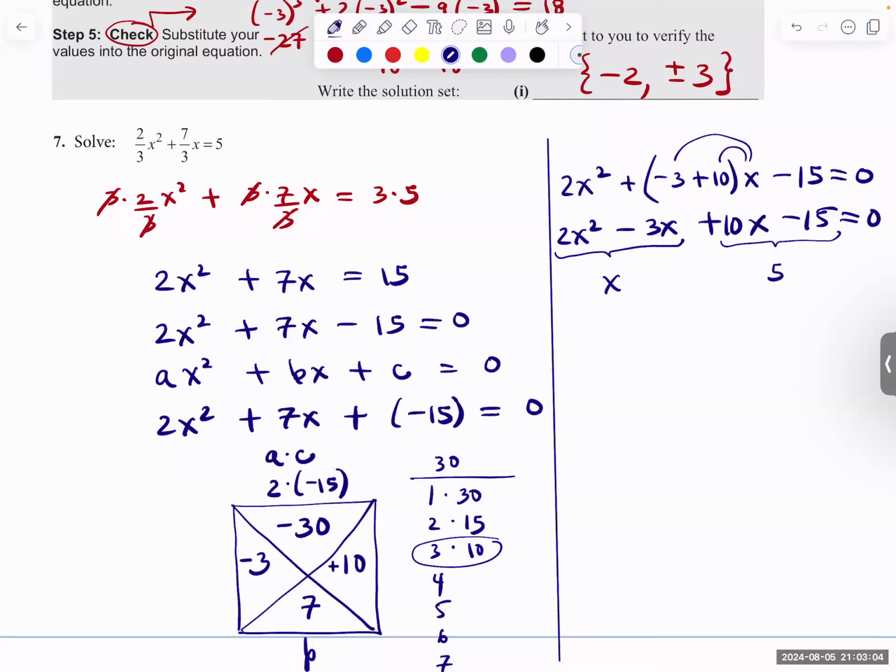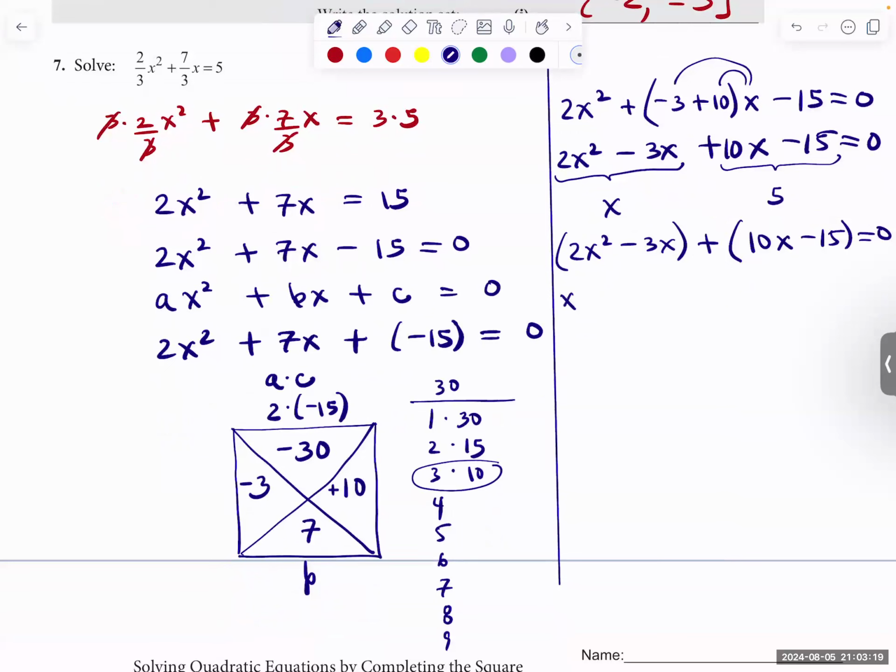To do the grouping, we'll use parentheses: 2x squared minus 3x, plus parenthesis 10x minus 15 equals 0. So we'll factor out the x times 2x minus 3, right? To check it, we would distribute the x. Then we'll factor out the 5: 5 times 2 is 10, 5 times 3 is 15.